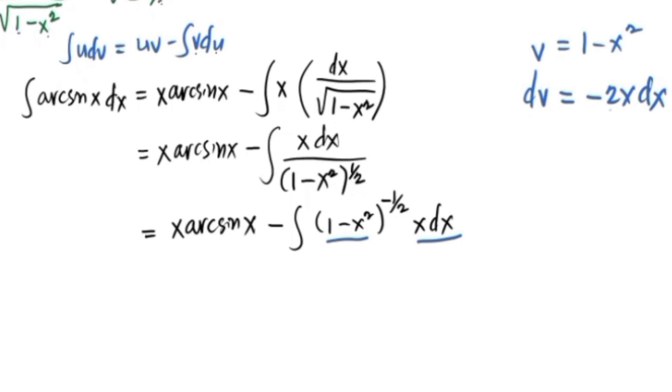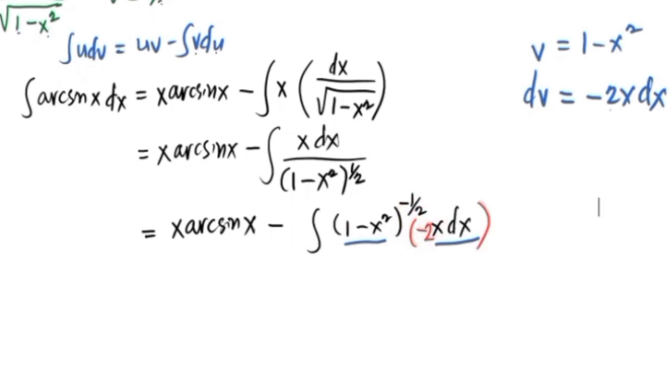So what we are going to do is to multiply negative 2 dito sa loob. So times negative 2. And magmumultiply tayo ng negative 1/2 dito sa labas. So since derivative na nitong v natin yung nandito, therefore we can now directly apply the general power formula.